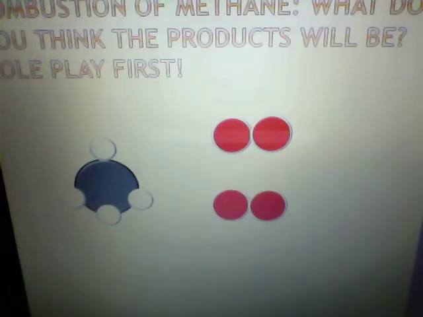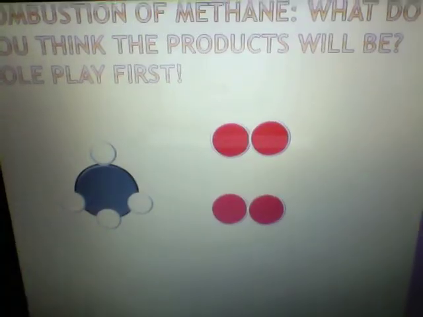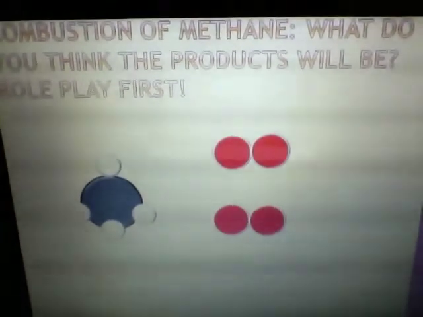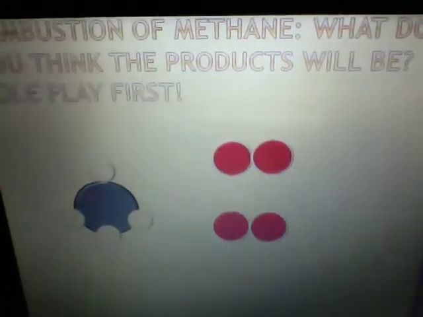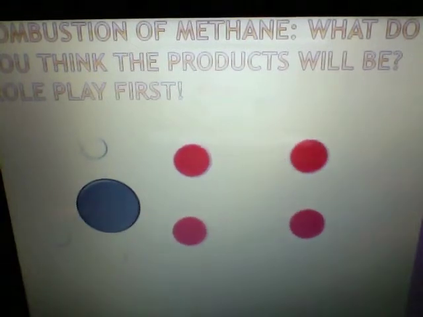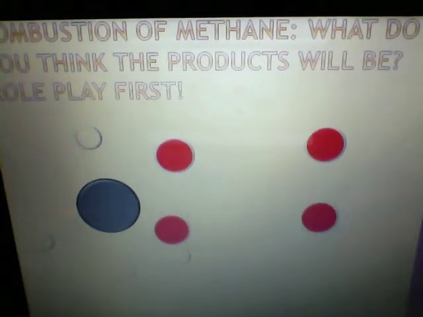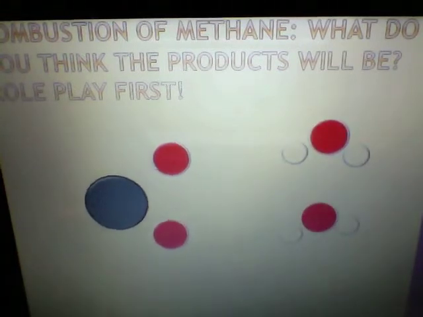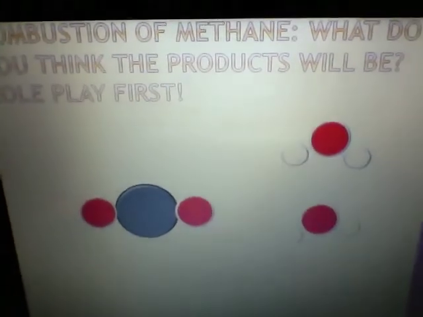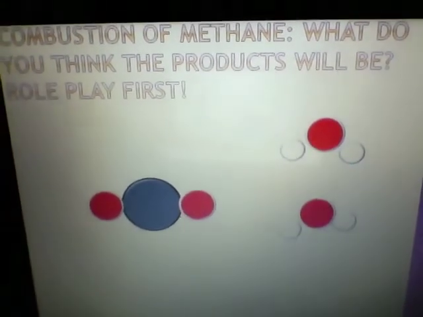You remember when we did our role play and we had the two oxygen atoms and a methane molecule. When we light it with a splint, we break the bonds in the reactants, and straight away they become products, and we end up with two water molecules and one carbon dioxide molecule.